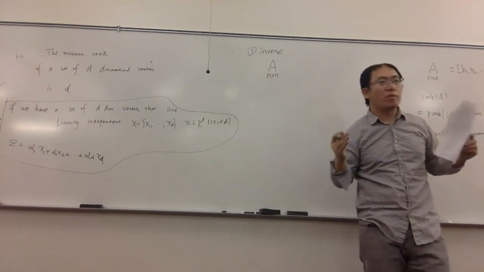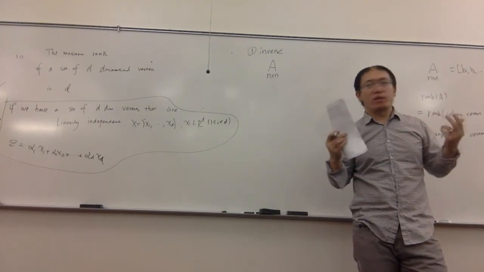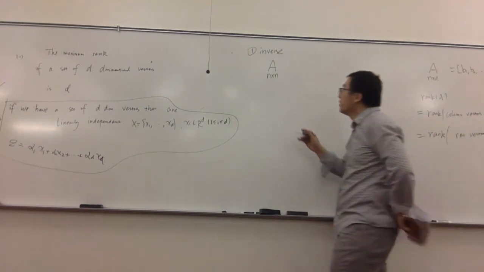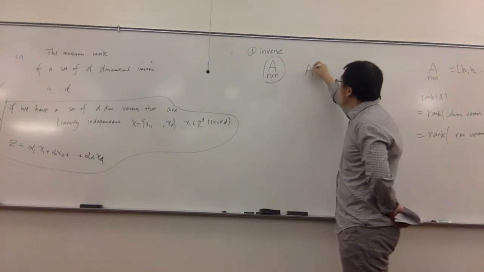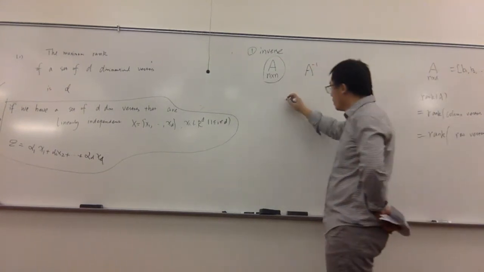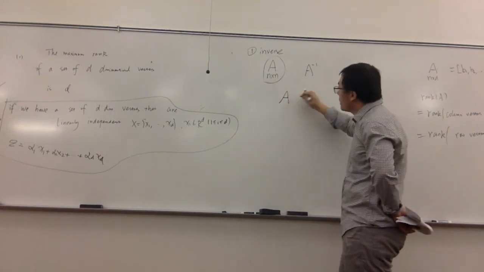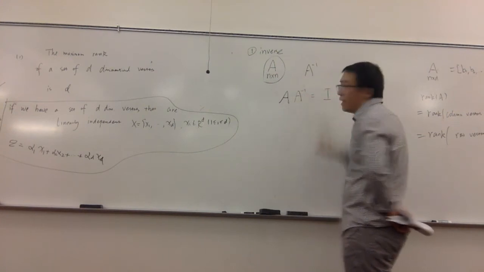If it is not a square matrix, then there's nothing to do with the inverse. So we denote the inverse of the square matrix A by A to the minus 1. And then we define that when A multiplies its inverse, it becomes an identity matrix.